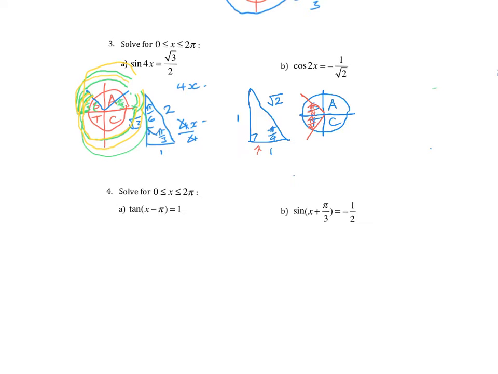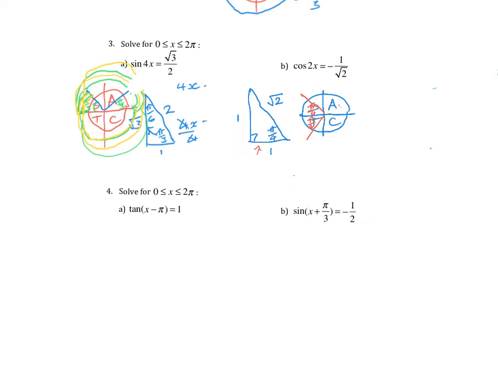Okay, now, but pi on 4 isn't one of my answers, because pi on 4 would be in this quadrant, the A quadrant I should say, which is not one of my acceptable quadrants. Therefore, pi on 4 is not going to be one of my answers.